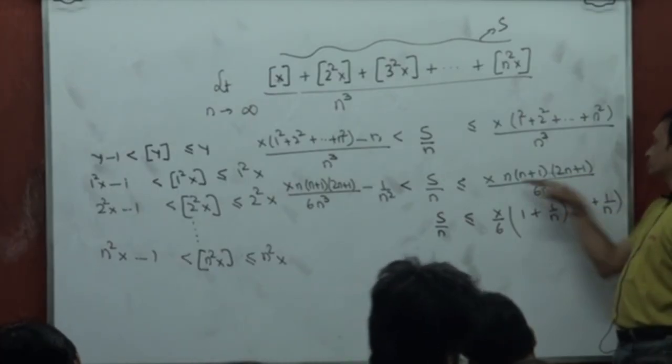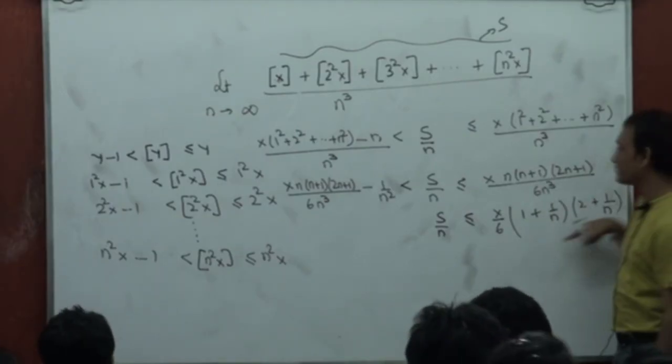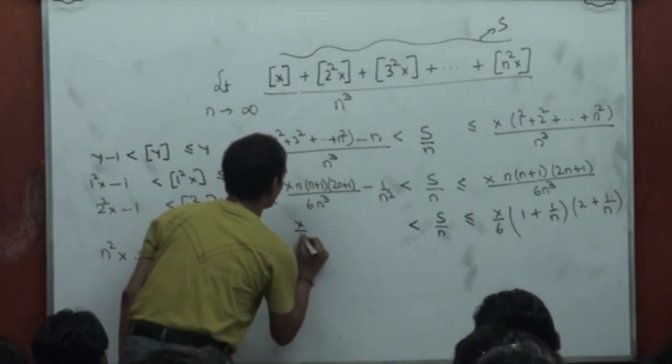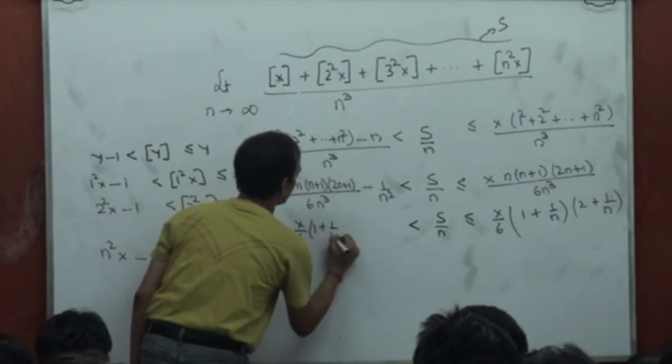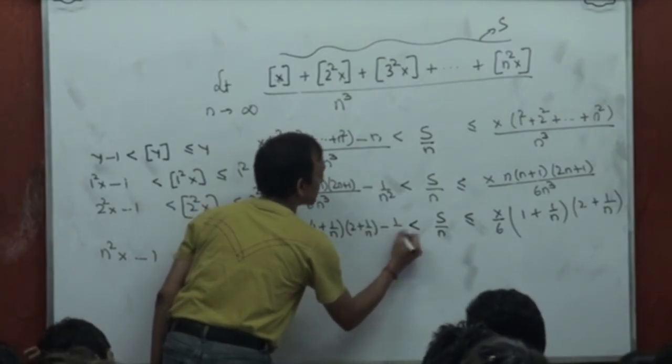And this will be greater than, same thing, x by 6, 1 plus 1 by n, 2 plus 1 by n, minus 1 by n squared.